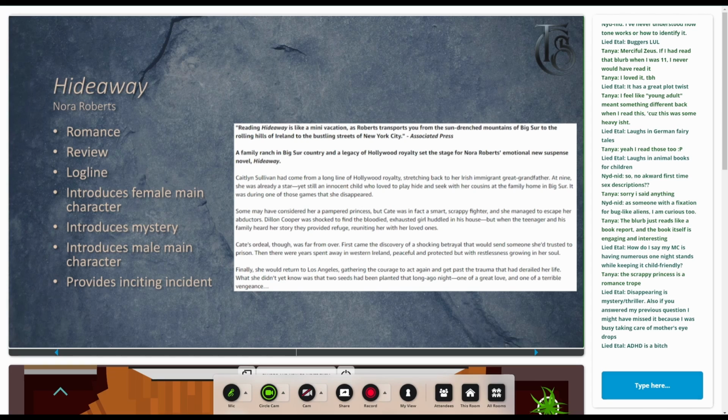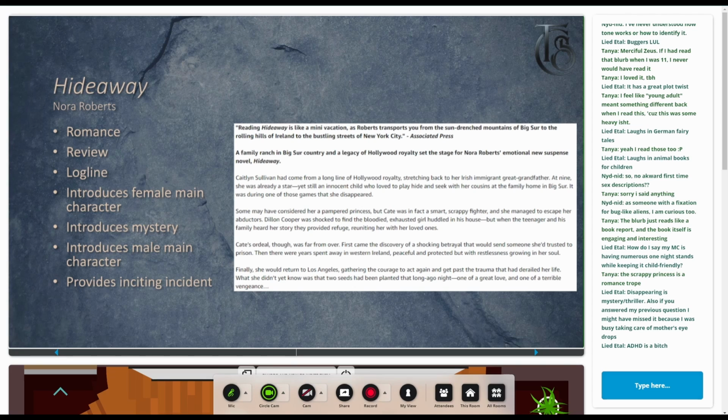So we have the pampered princess. She's also smart, scrappy, and challenging, which is, as Tanya brilliantly pointed out, a romance trope. You have almost the childhood friend trope, where these two people met a long time ago, are going to connect early and likely reconnect in Los Angeles and rekindle their friendship, and it's probably going to turn to romance, which is a thing, when the long-lost friend becomes the romantic interest is a big trope in romance.